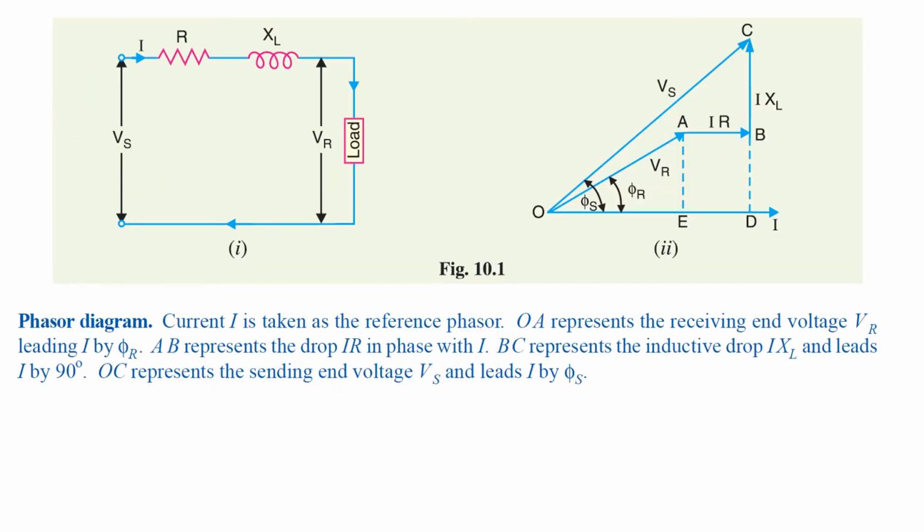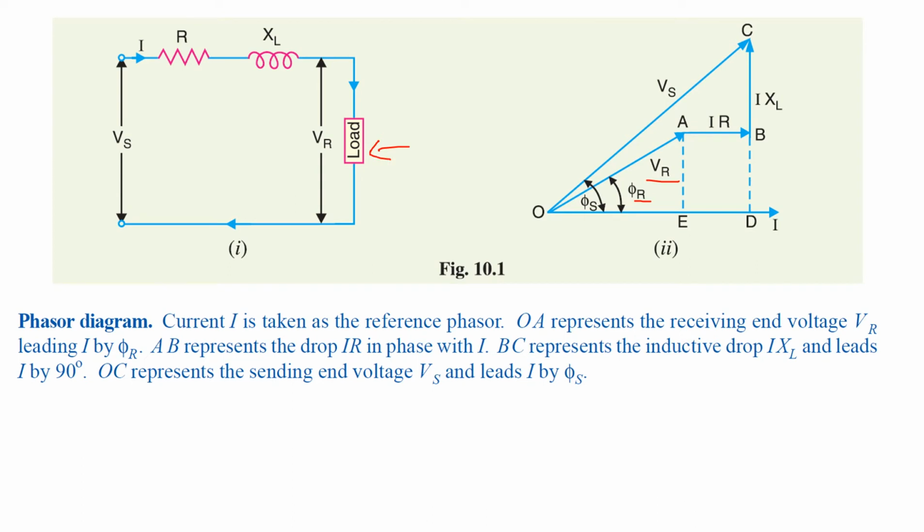Let us have a look at the phasor diagram of this short transmission line. In this phasor diagram, I have taken the current I as a reference, and the voltage available at the receiving end, VR, is shown in the leading direction as compared to the current phasor I. The angle between VR, that is the receiving end voltage, and current is phi R. This phi R is determined by the power factor of this load.